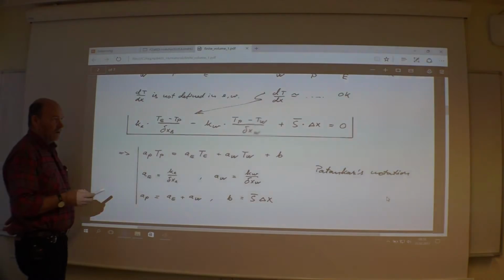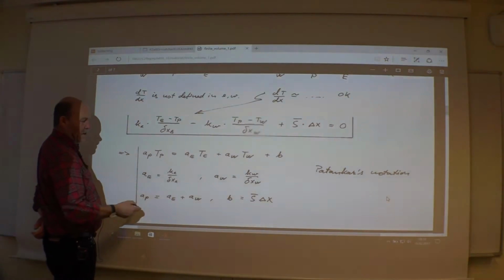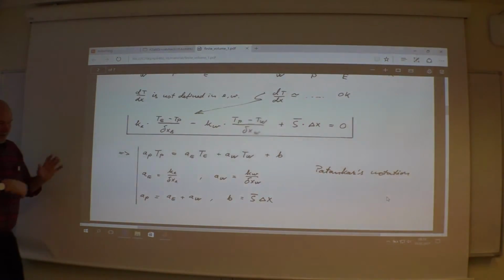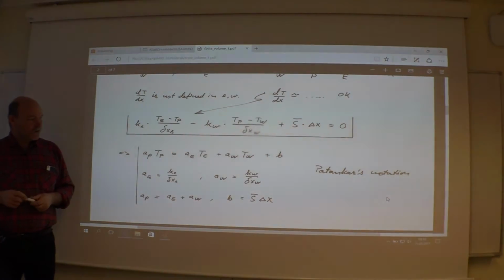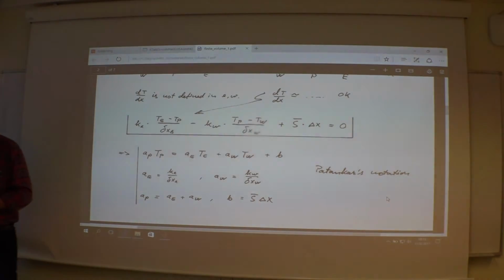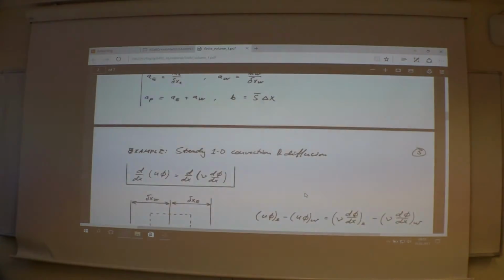Then saying I demand all the coefficients positive is very easy to implement into your numerical code. So it will be very, very stable if you can do it. It depends on your equation, of course, but frequently it is possible. So the max-min method is frequently built into the program.